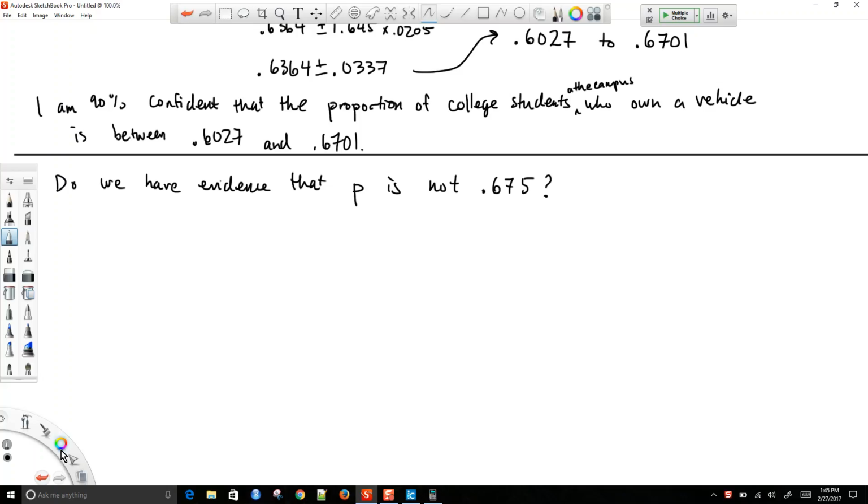Okay, and the answer here is yes. 0.675 falls outside of my interval, so therefore 0.675 is not a plausible value.